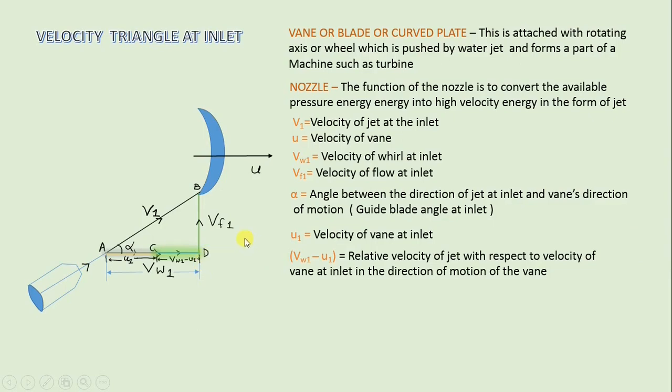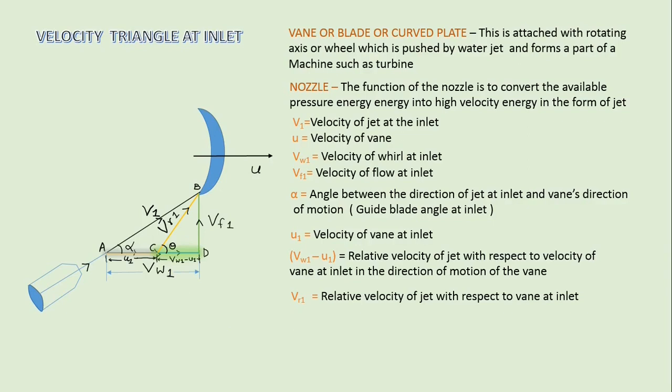If we find the resultant of these two components, that is VF1 and VW1 minus U1, it will be VR1, and the angle made between VR1 and VW1 minus U1 will be theta, and that is known as the vane angle at inlet.